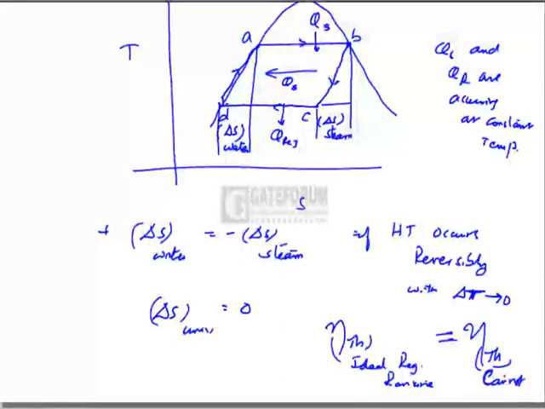So, in the ideal regenerative cycle, it is assumed that the condensate liquid leaving the condenser is heated by the steam expanding in the turbine reversibly with delta T tending to 0. But is such heat transfer practically feasible?